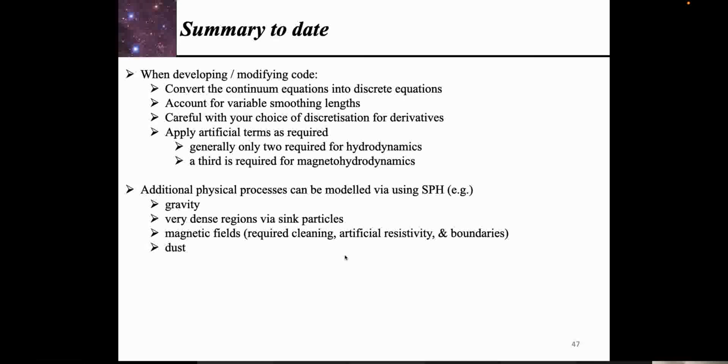There are other caveats you have to deal with, but an artificial term I don't think is one of them. And with how SPH is written, we can so easily add in a lot of additional physics. I've just touched upon briefly gravity, sink particles, magnetic fields, and dust. But there's so much more that can be put in there if it's necessary for your own research.